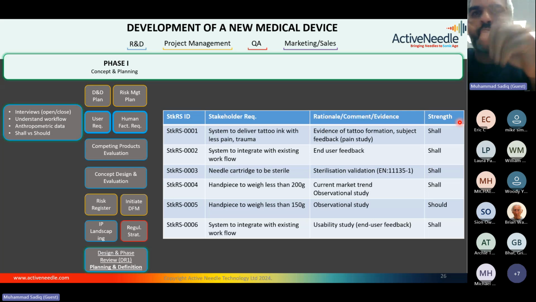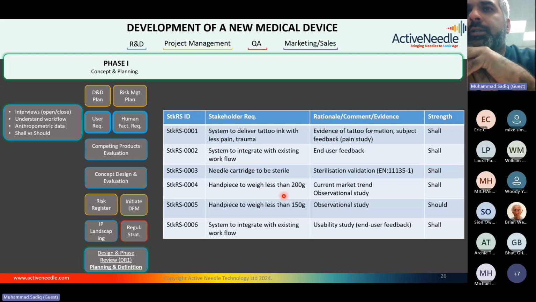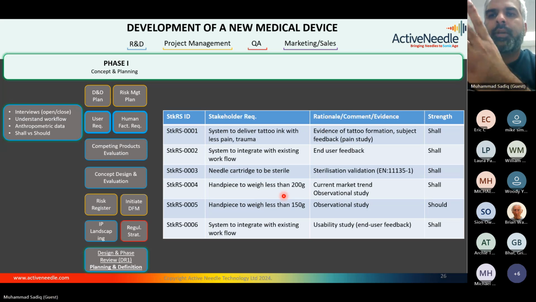For example, just quoting back the tattoo example, the longest session tattoo artists would do is 8 hours long, and they obviously need to make sure that the device they're using is easy to use, and lightweight as well, so it's not adding fatigue to the end user.